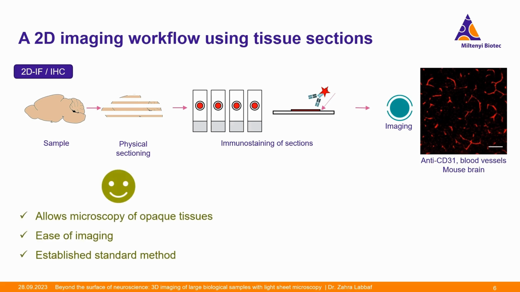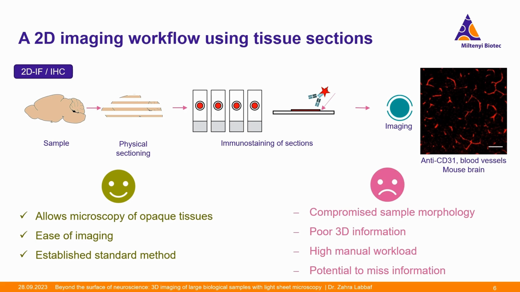There are certain advantages with this method. For example, you can image an opaque sample, and as you're imaging a thin tissue, the imaging might be easier and faster. And of course, there are many well-established protocols for 2D imaging and sample preparation.